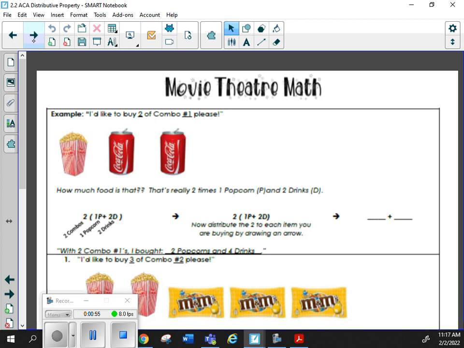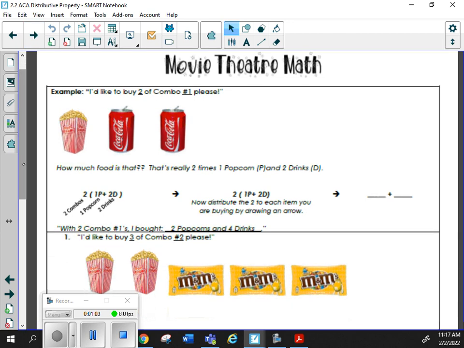Okay, so we have some real world examples, because these properties are very much real world things. So let's say we are going to see the most recent Avengers. Anyways, we are at the movies with our friends, with our family, with someone, okay?